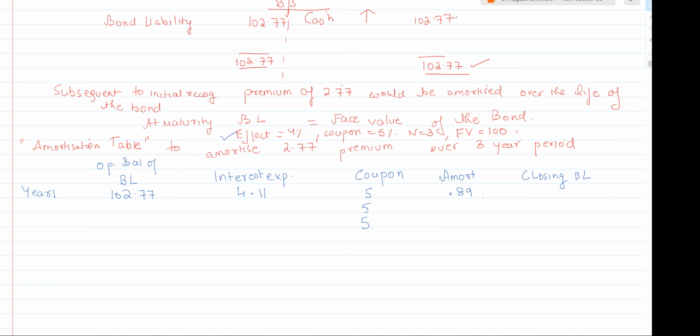So bond liability would reduce by the amortization. So guys, please deduct 0.89 from 102.77.